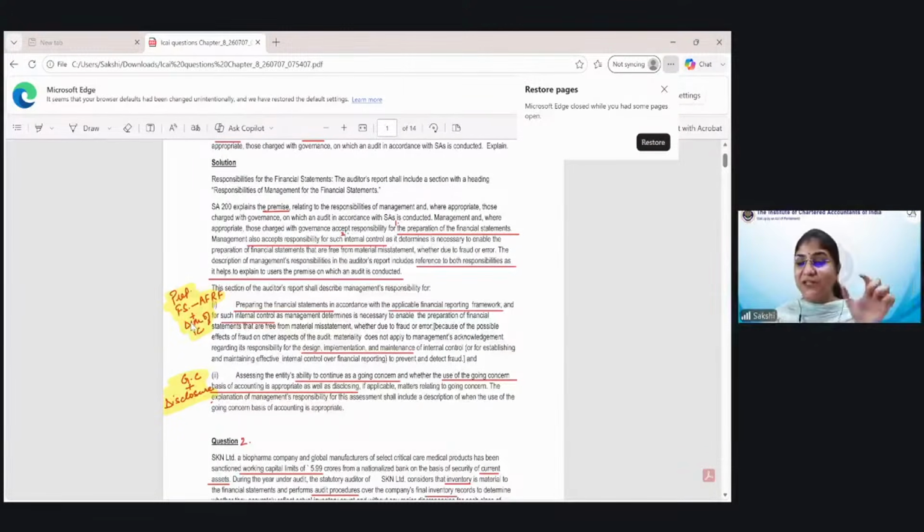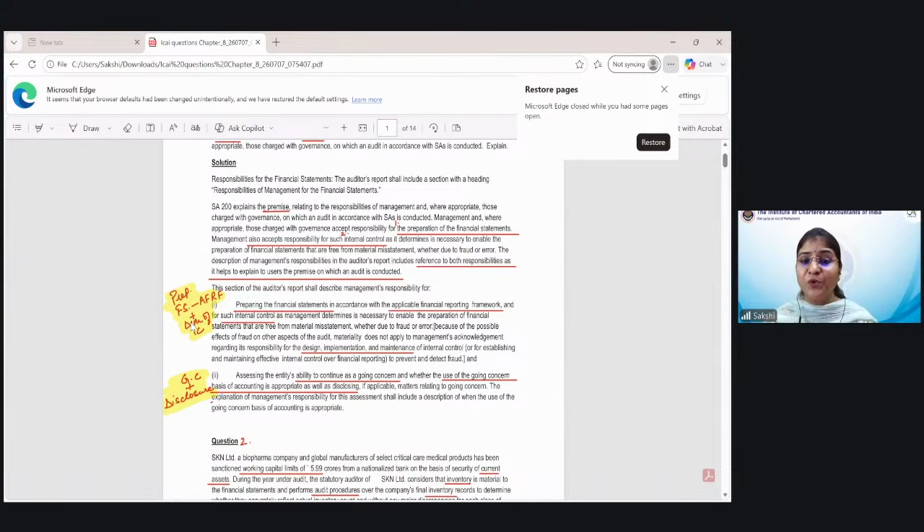So here a question specifically from responsibility of management is coming up. Okay, so SA 200, explain the premise, the basis, relating to responsibilities of management and where appropriate TCWG on which an audit in accordance with SA is conducted.